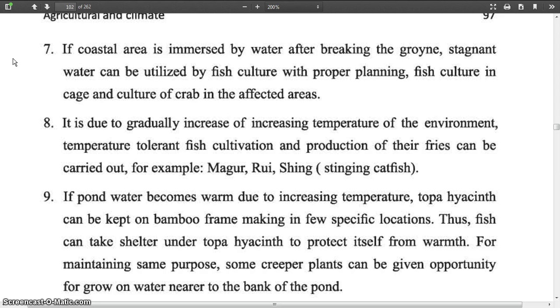Number 8 technique is, due to gradually increasing temperature of the environment, temperature tolerant fish cultivation and production of their fries can be carried out. For example, magur, rui, shing.